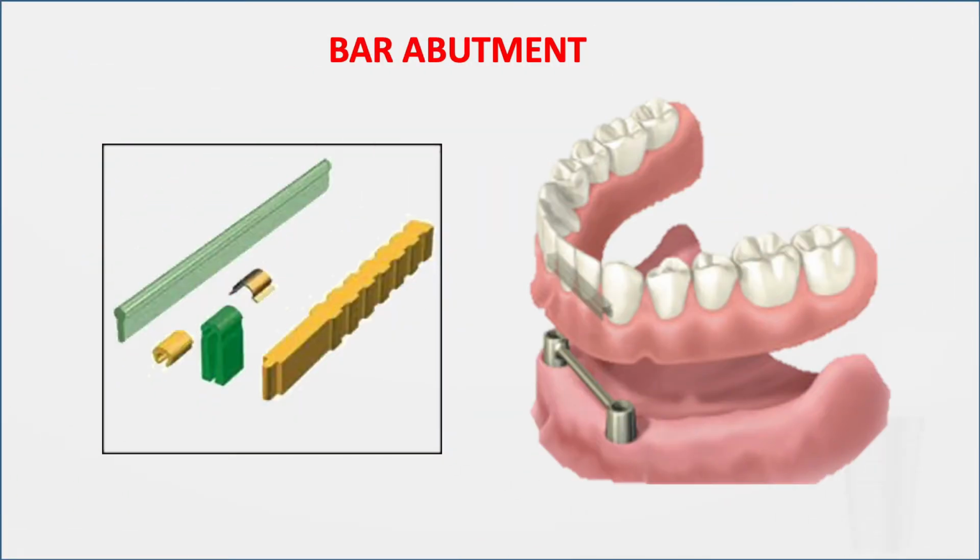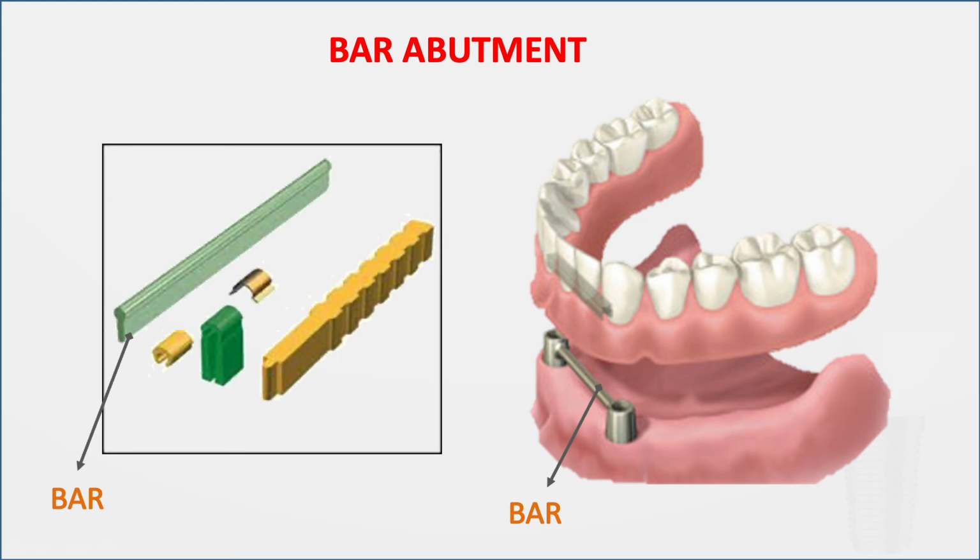Next one, we have a bar abutment or attachment. So look at the figure. In figure, as you can see, we have a bar. This bar is castable. So in the first figure, as you can see, it is in form of plastic.